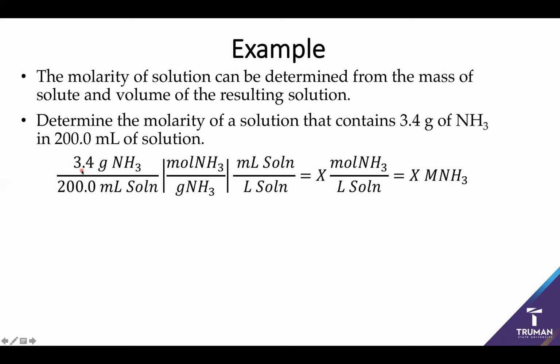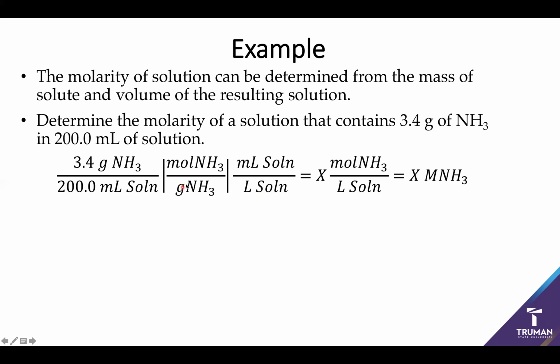So in this case, I'm looking for units of molarity, which is a ratio of amount to volume. So I'm going to start by doing a ratio of amount to volume, in this case, grams to milliliters. But since molarity should have liters in the bottom, I can go ahead and convert my milliliters to liters. And since it should have moles in the top, I can convert my grams to moles.